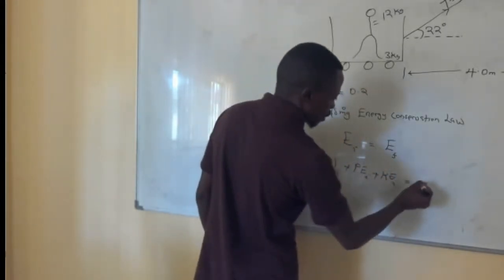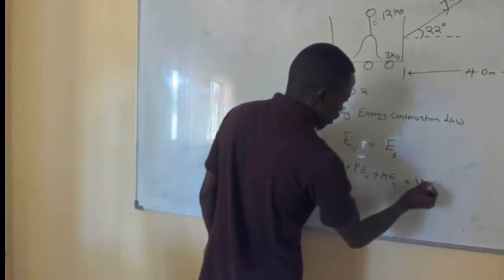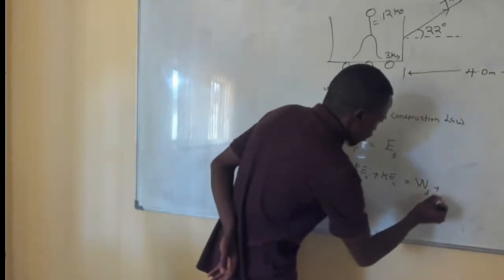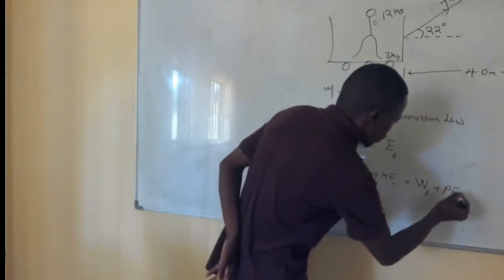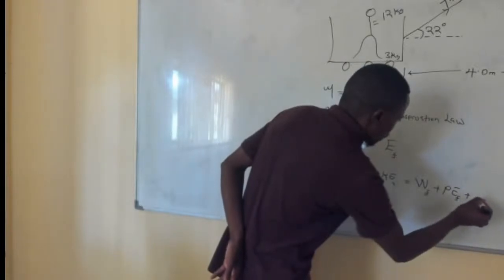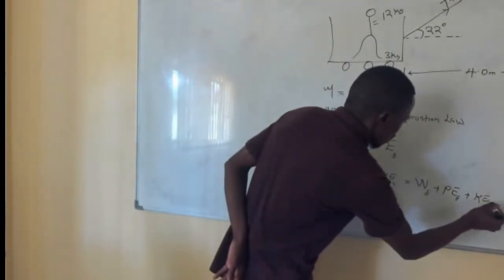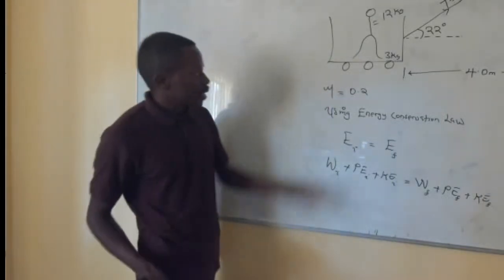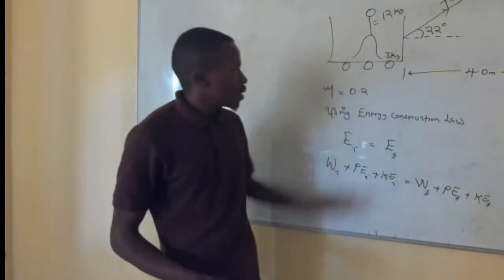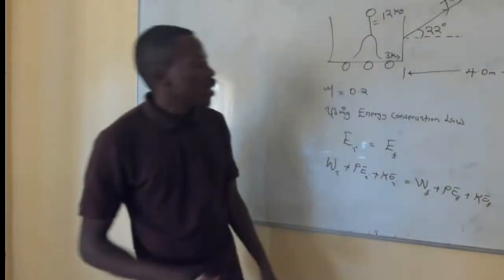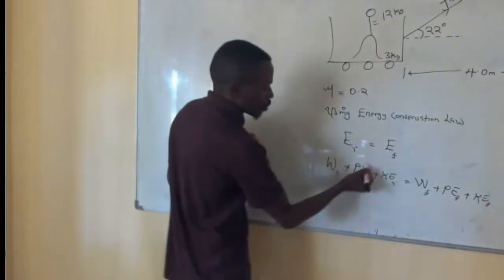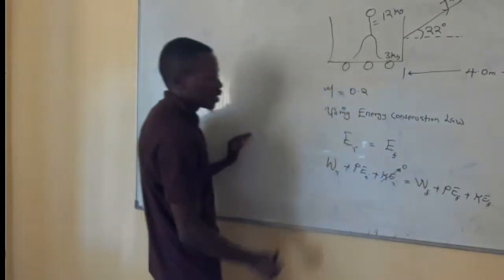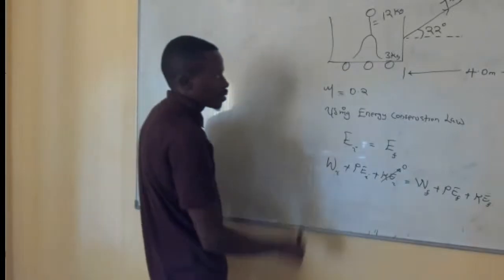This should give us the work done final plus the potential energy final plus the kinetic energy final. Looking at our system, it is starting from rest and it has to move 4 meters. Therefore, the initial kinetic energy is 0 since it's starting from rest.